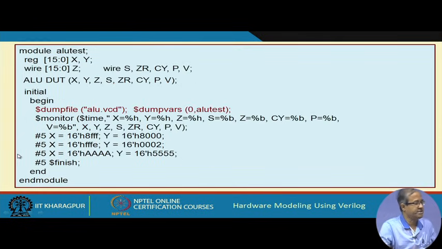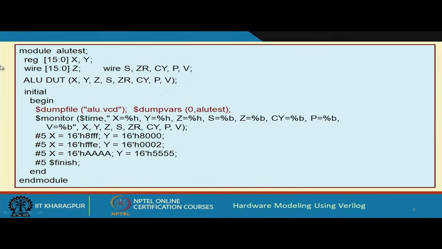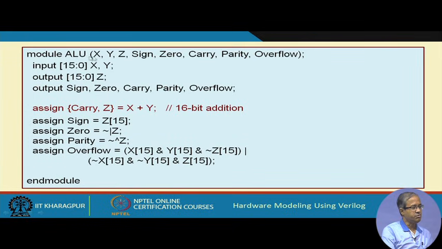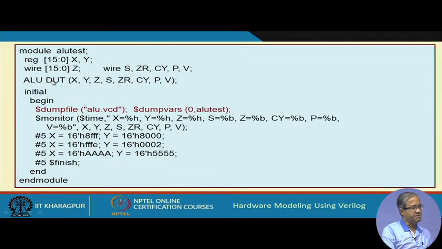Now, just like in the example we showed earlier, we have also written a test bench here. We call it ALU test. We have instantiated this module called ALU. We have given this name DOT, the parameters are given.